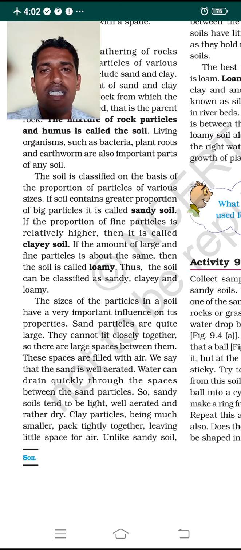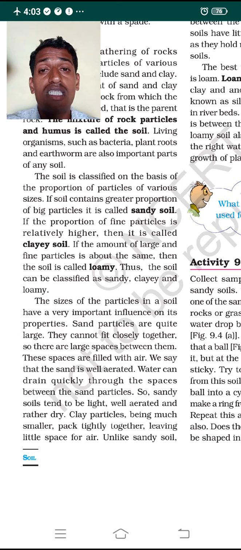Just take some amount of sand in your palm, try to bind them and then leave them, so each particle falls down individually. But if you take another kind of soil and press it, at least it falls down as a clump, a small lump of soil. Whereas sand particles are large in size, so they cannot fit together.